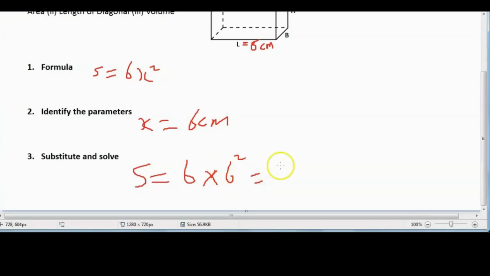That will be 6 multiplied by 6 multiplied by 6. What do we get? 216 centimeter square.